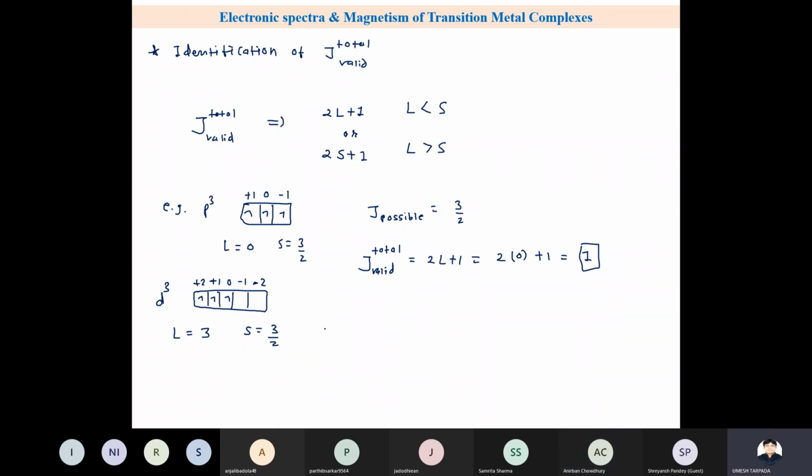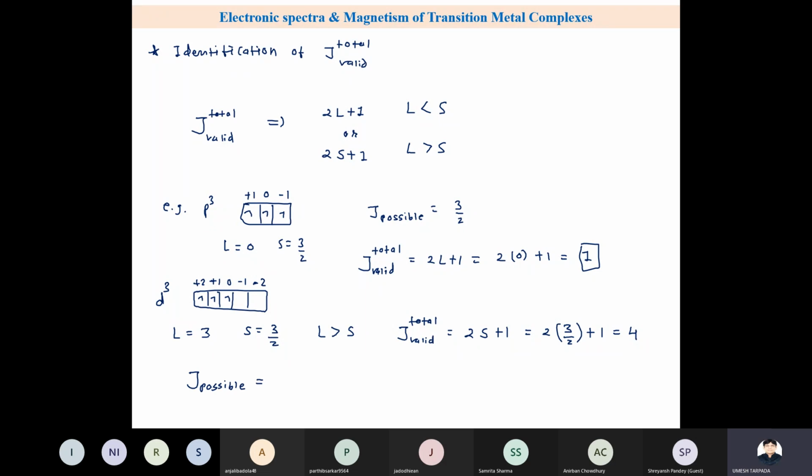So now L is greater than S. So the total valid J values are 4, according to which formula? 2S plus 1. So S value is 3 by 2, the 2 cancels out, so possible values are 4. Which are these 4 values? Now write down the J possible, all 4 values.